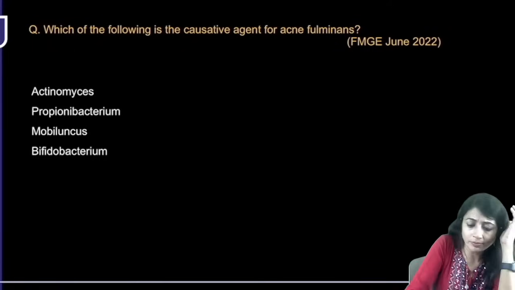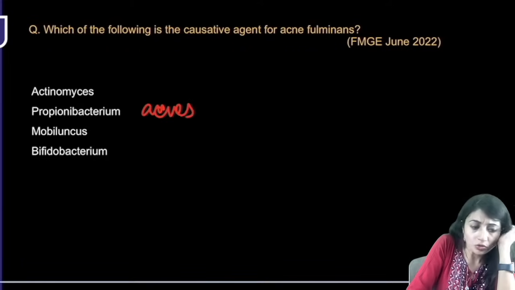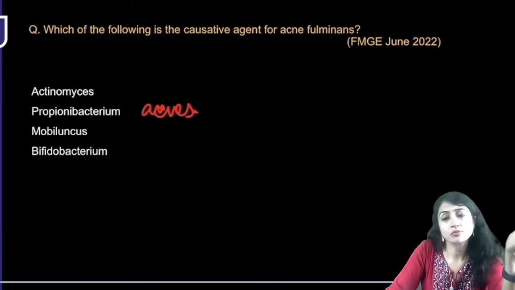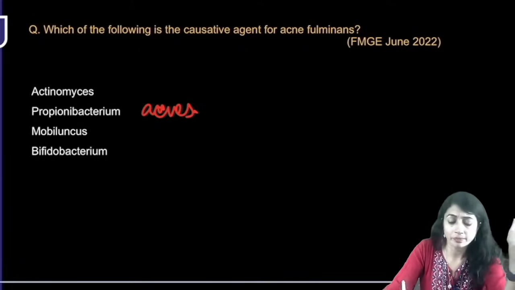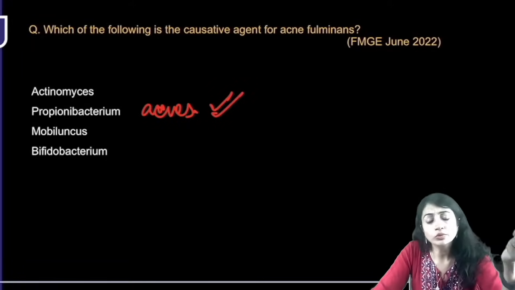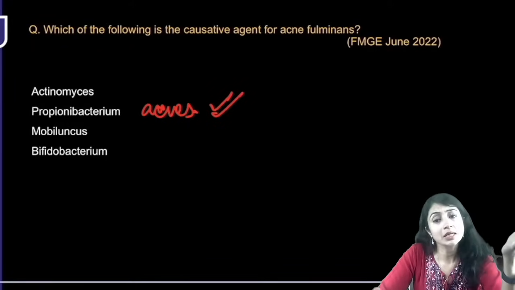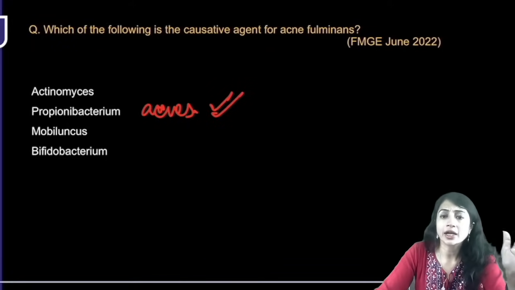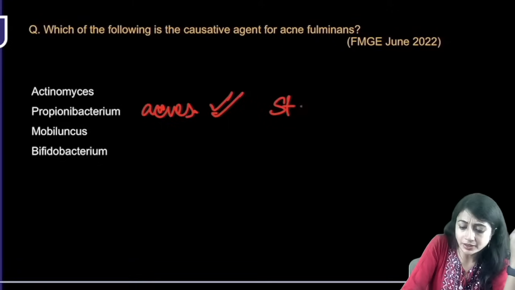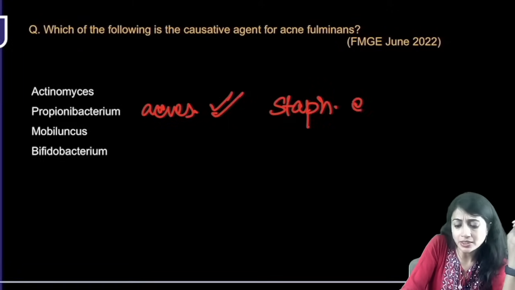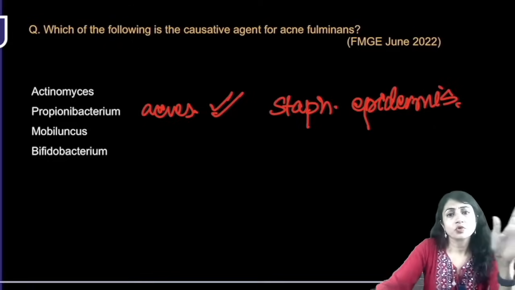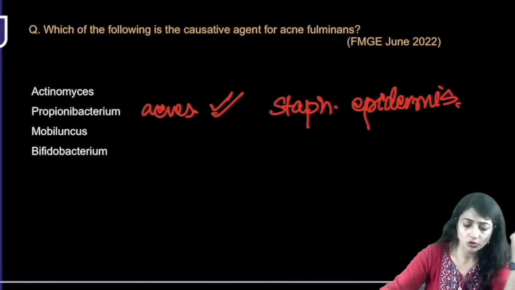It is Propionibacterium acnes, also called Propionibacterium. Any number of names given, it does not matter to us, because we know that Propionibacterium acnes is the causative agent for acne fulminans. The other bacteria which can also cause it is Staph epidermidis. Just to tell you, but don't get confused, Propionibacterium will only be given to you.